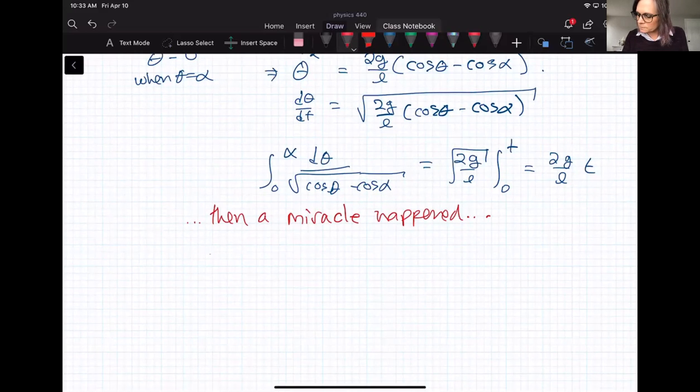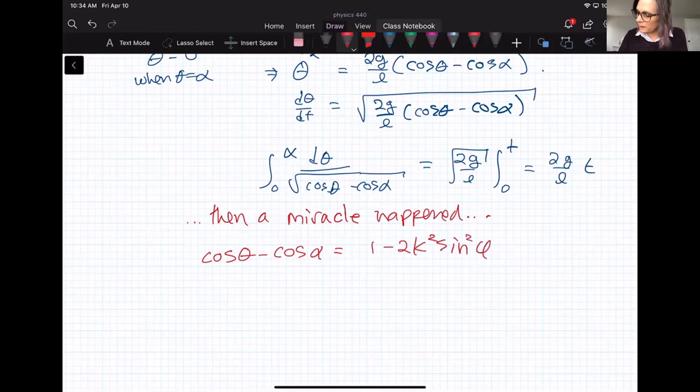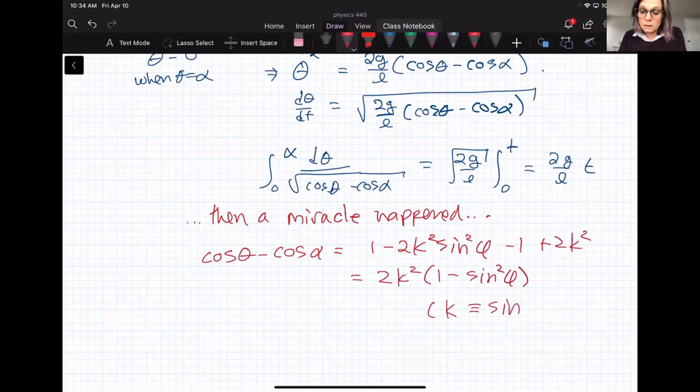In this case, we could define cosine theta minus cosine alpha in terms of a parameter k, such that 1 minus 2k squared sine squared phi minus 1 plus 2k squared is equal to 2k squared times 1 minus sine squared phi. And here k is defined as sine of half that starting angle.